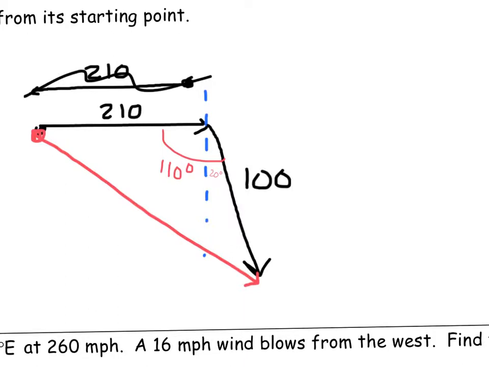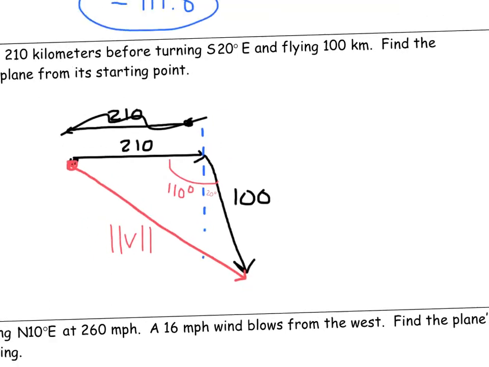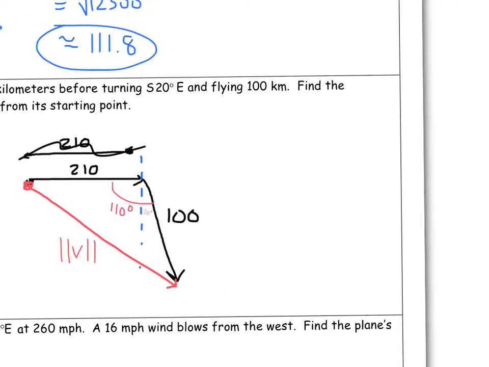And if we call this vector v, then to find the magnitude of that, we can use the law of cosine. Good, so now we can use the law of cosine here, using one of my sides as the magnitude of v.